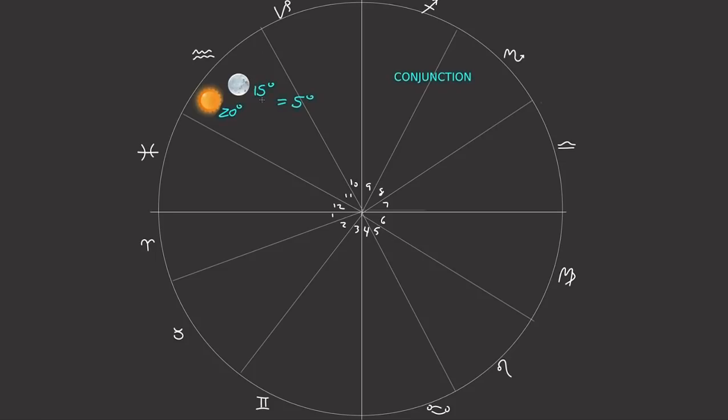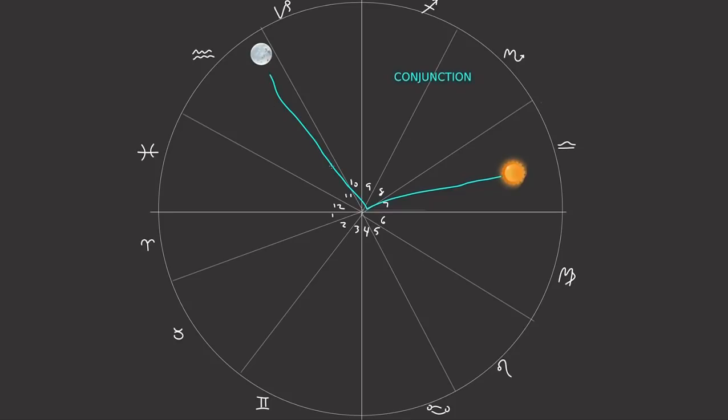Now, if these are way, way far apart, and the sun is at, let's say, 29 degrees and the moon is at 1 degree, then we're probably not so much interested in the aspect between the two. But again, they're still in the same house. It's just not an angle that we're interested in. So again, one of the things about an angular relationship between planets: no matter where the sun moves in the entire chart, it's always going to be in some type of angular relationship with the moon.